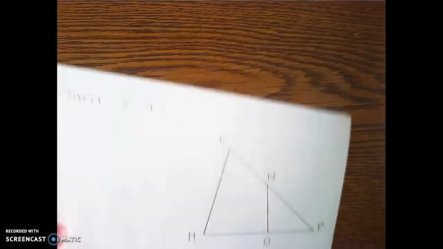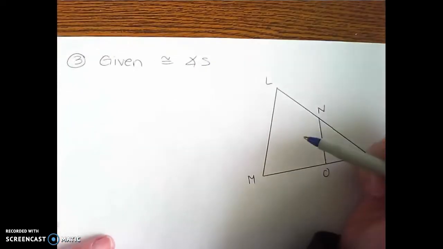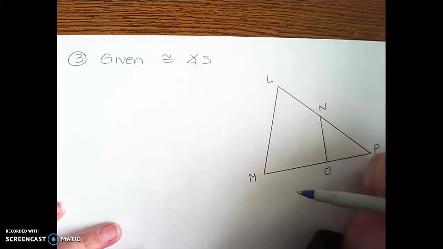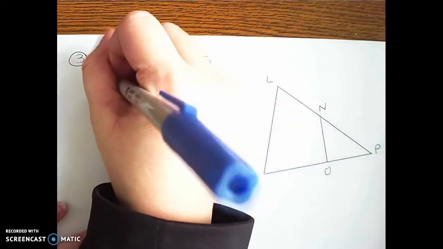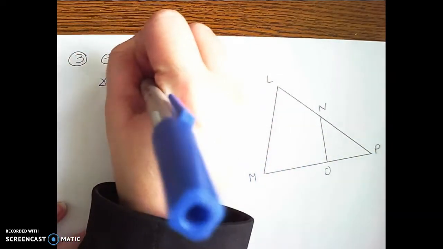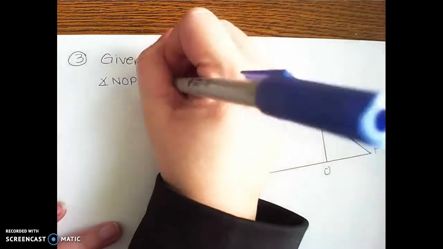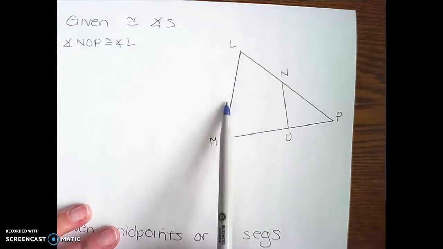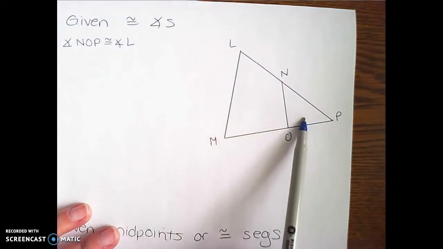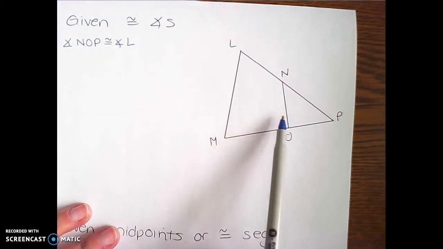The next option is that I give you congruent angles. So for example, in the given, I might tell you that angle NOP is congruent to angle L. Now in this problem, first of all, I didn't tell you that these lines are parallel, and they definitely don't even look parallel.